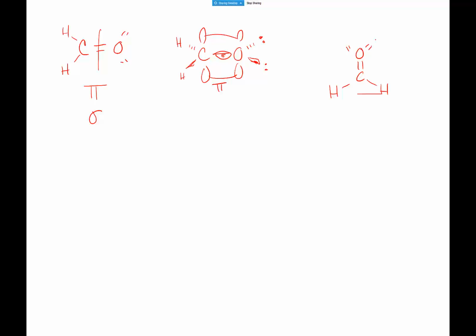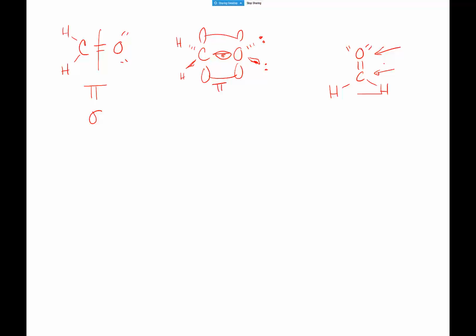So the first thing we need to do, if I asked you to sketch the orbital picture of this molecule, is we need to know what the hybridization of each non-hydrogen atom is. So we need to know what the hybridization of that oxygen is, and what the hybridization of that carbon is.